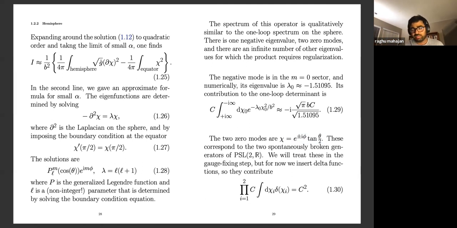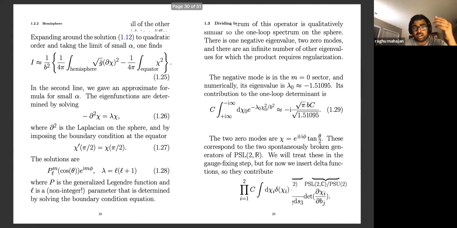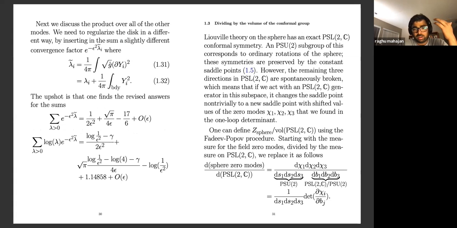So this is perfectly fine, and it satisfies this boundary condition and so on. So again, the story is similar. There is one negative eigenvalue, 2 zero modes, and then some infinite number of positive modes, which you have to regulate. And there is some subtlety in how you regulate it.